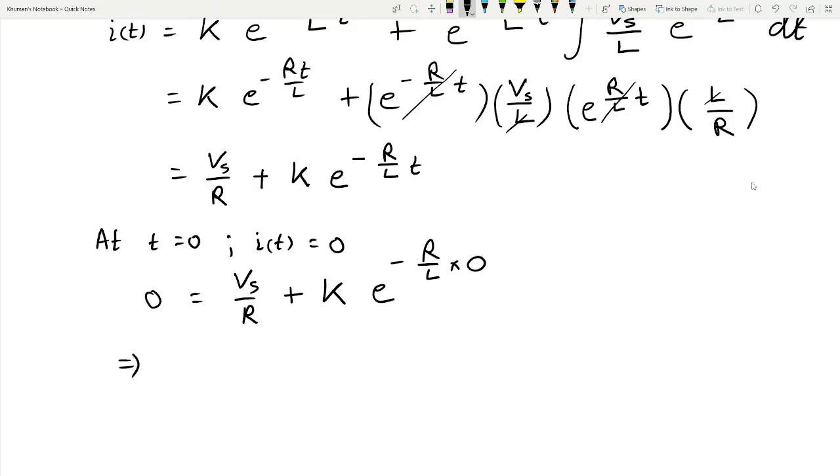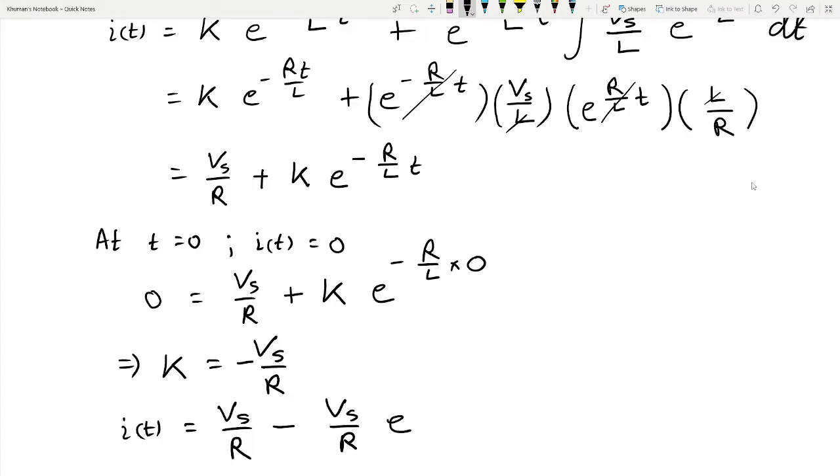Then we can write k is equal to minus Vs by R. After putting the value of k, we can write i(t) equal to Vs by R minus Vs by R e to the power minus R by L t.